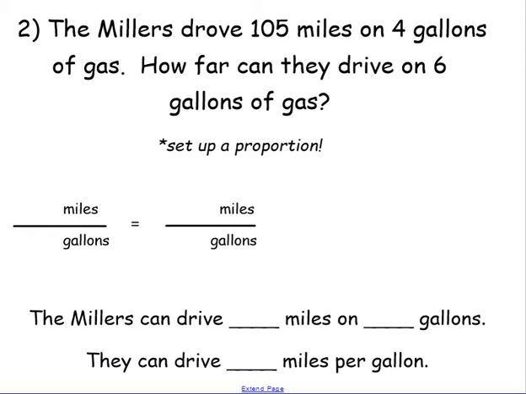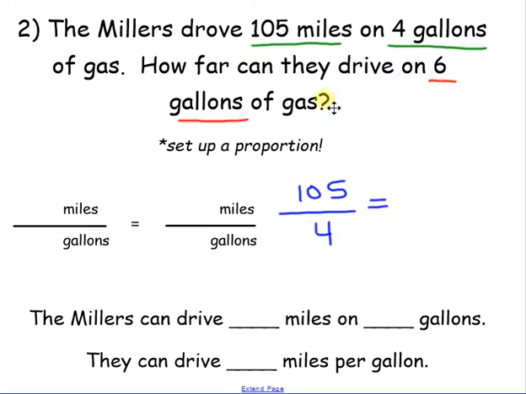The Millers drove 105 miles on 4 gallons of gas. How far can they drive on 6 gallons of gas? Again, we're going to go ahead and set up a proportion, and I've helped you out with the formula. So we have 105 miles over 4 gallons, and then we have 6 gallons, which are on the bottom, and the x, the missing value, is on the top.